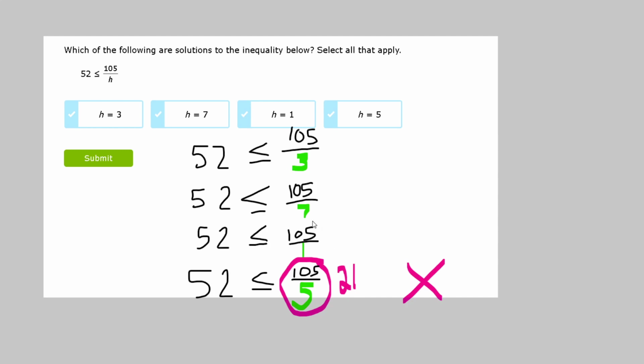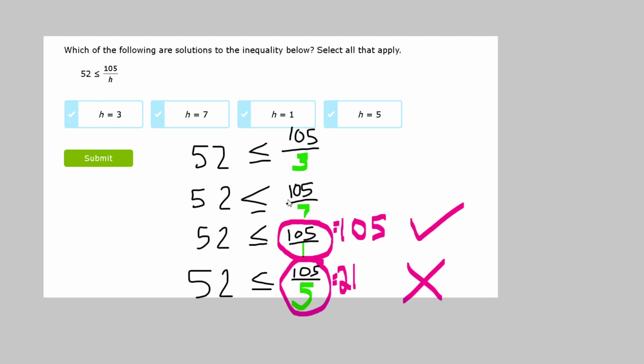But what about this next one? 105 over 1 is 105. And 105 is greater than 52, so this will work.